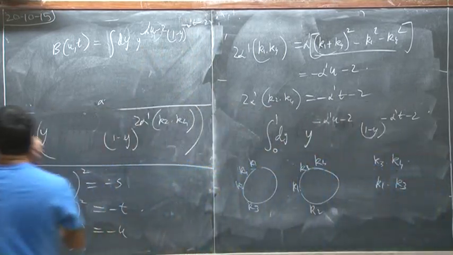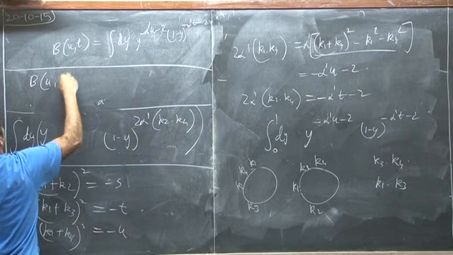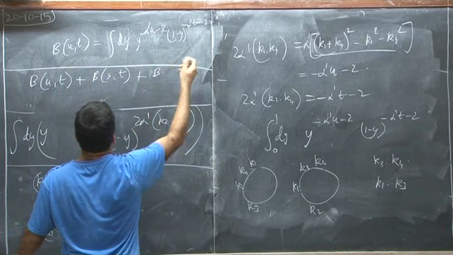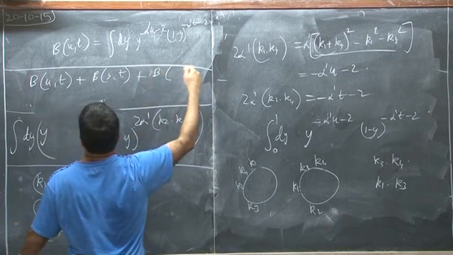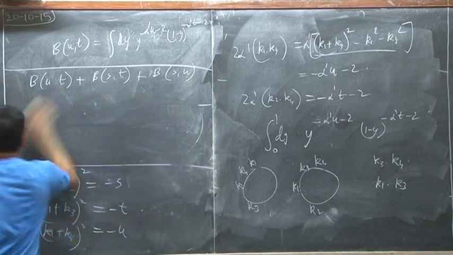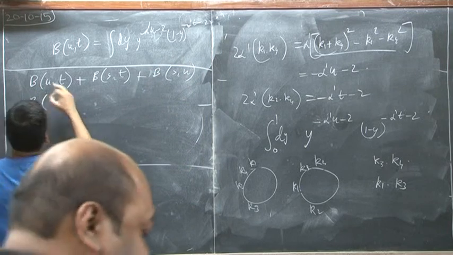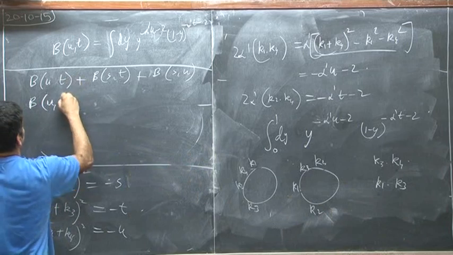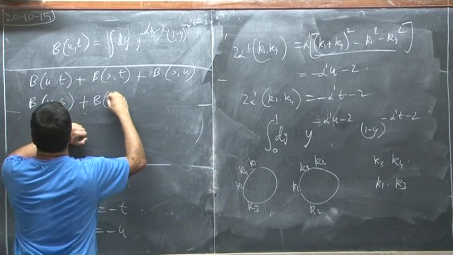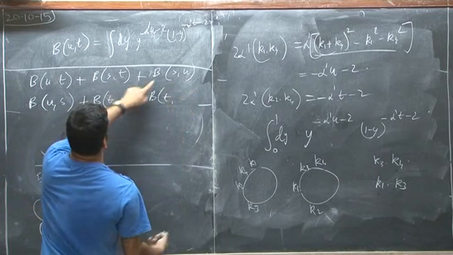Then you see the full answer will be B of ut plus B of st plus B of su plus 6 possibilities. I should have done it systematically: B of us plus B of ts.